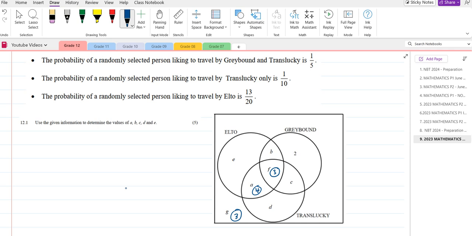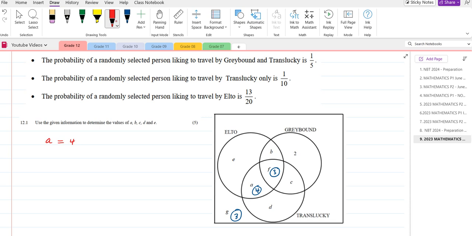B plus 3, out of 40. So what we can write down here so far is A is equal to 4, right? A is equal to 4.